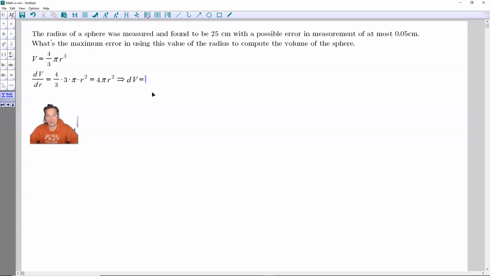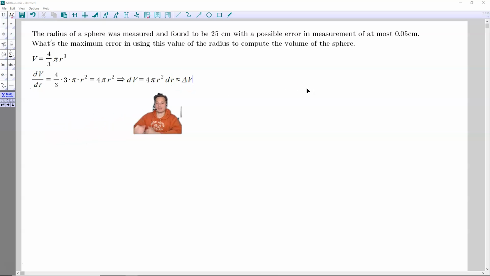You're going to have the following here, that dV is equal to 4 pi r squared dr. So it's an approximation to delta V. I want to be clear that this is more or less an approximation to delta V. Delta V represents the actual exact change in the volume. dV is an approximation using the derivative. That's why I have the squiggly equals sign, because it's an approximation. Very good. Let's move on.